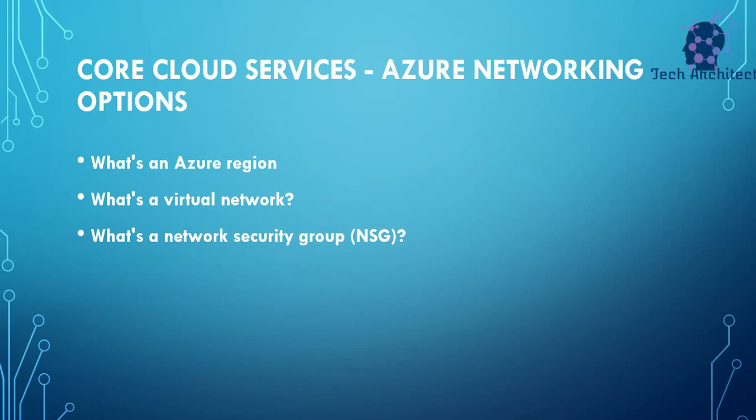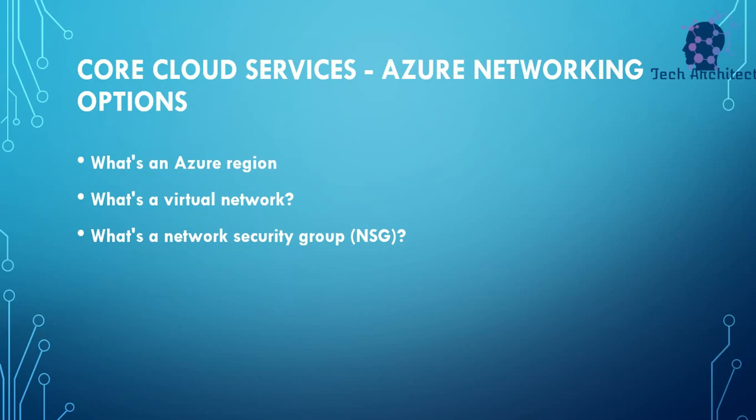A virtual network is a logically isolated network on Azure, and if you are familiar with the hypervisor, you must be familiar with the virtual LAN, virtual network. It allows Azure resources to securely communicate with each other, the internet, and on-prem networks.